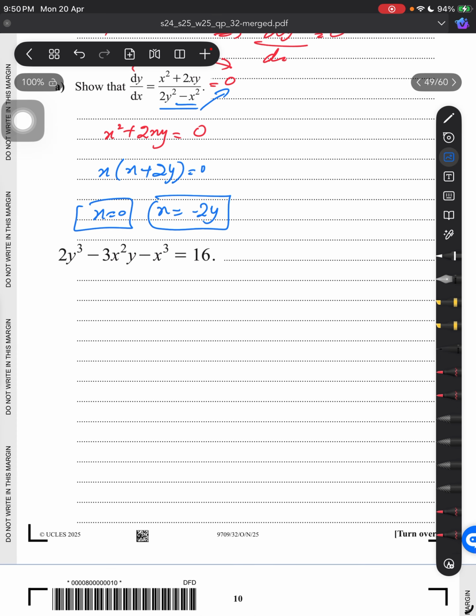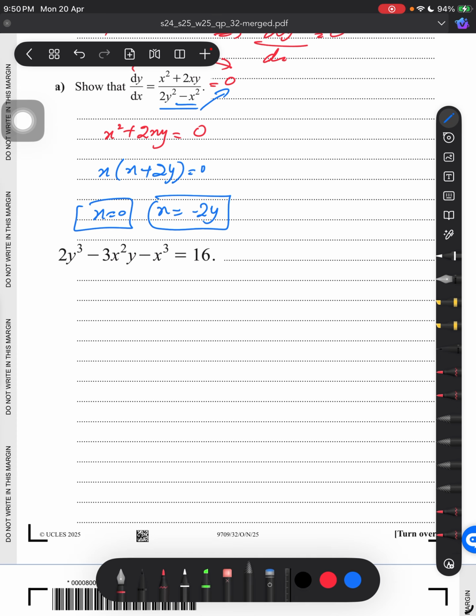So now we can plug in the values, both the values of x that we have achieved. So 2y cubed minus 3 equals to 0. So then we have 0.